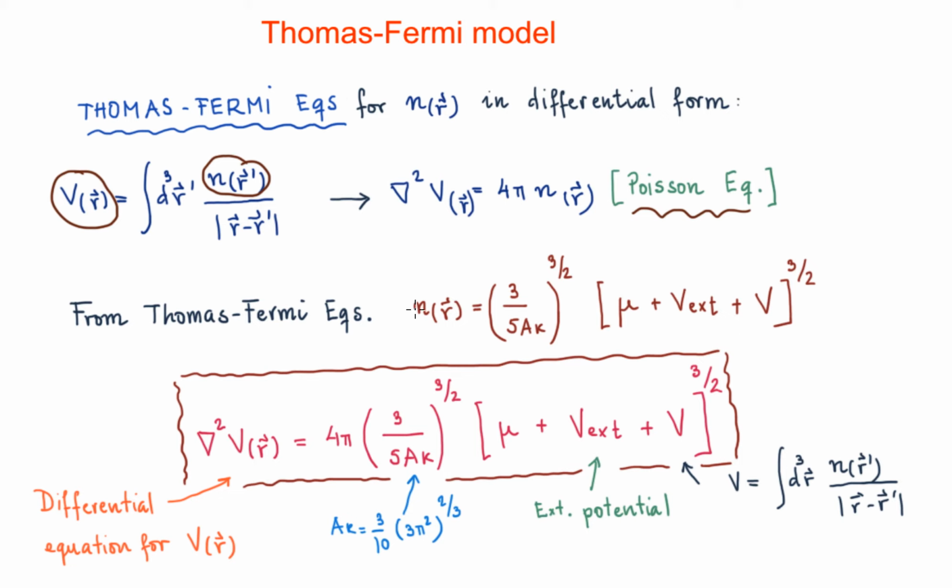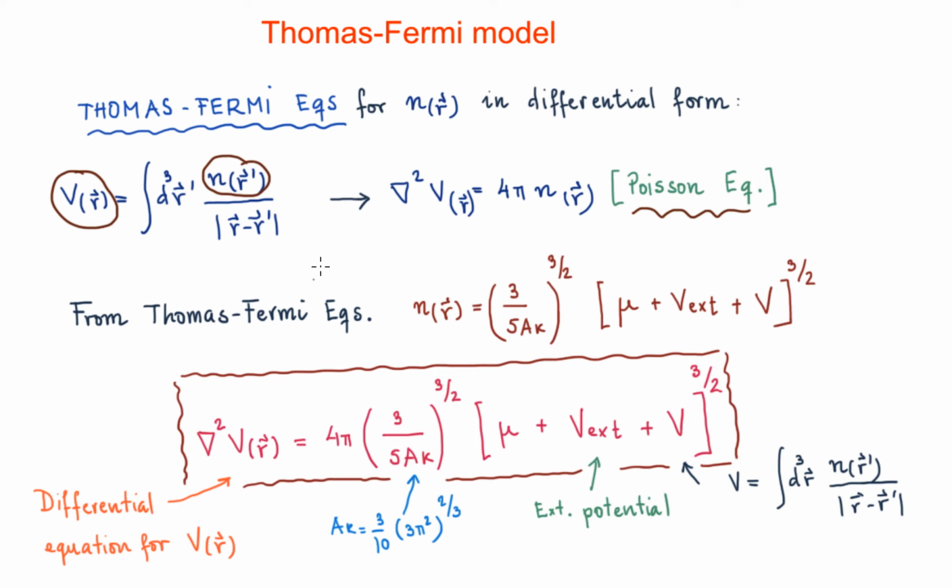Now, considering the Poisson equation, instead of n, we can write the Laplacian of V over 4 pi. And bringing 4 pi to the other side, we have this equation here, the Laplacian of V, of the induced potential.